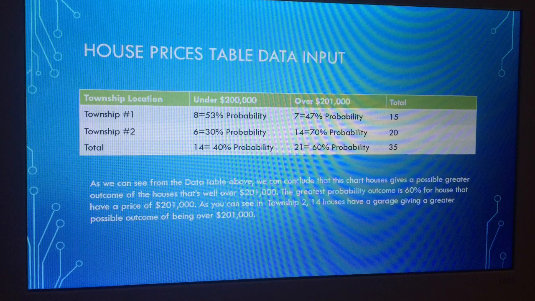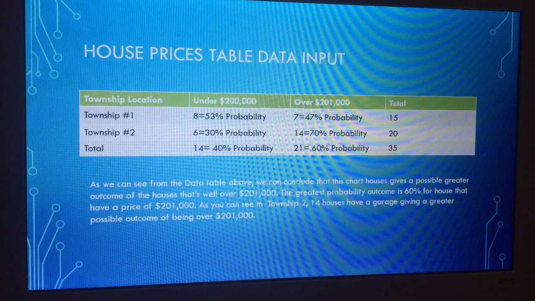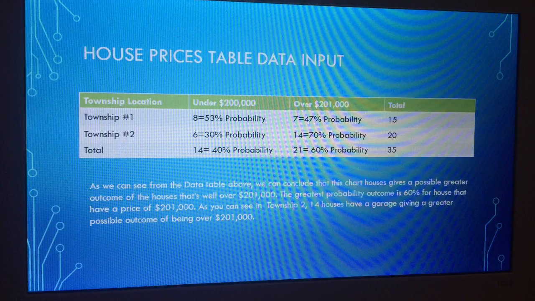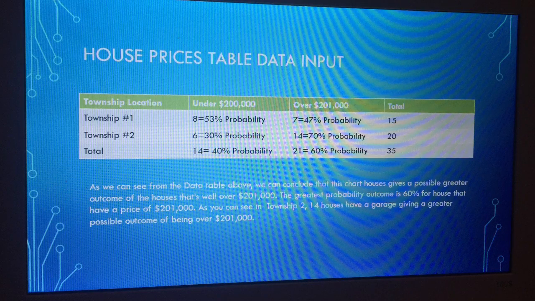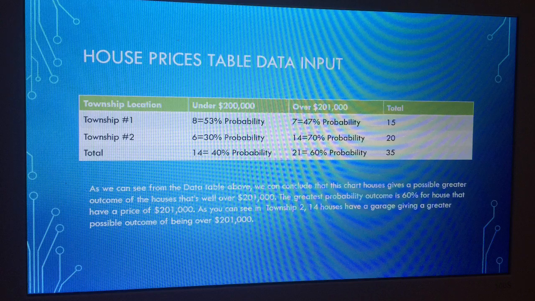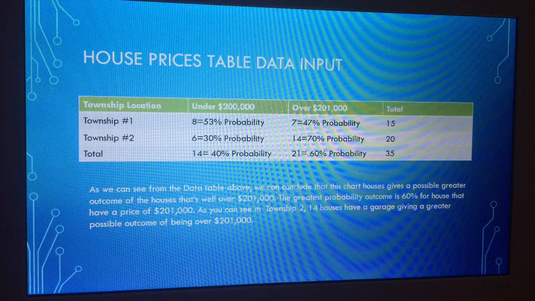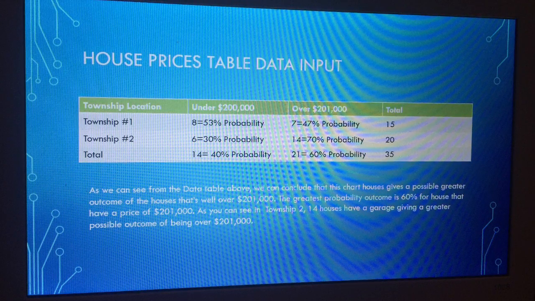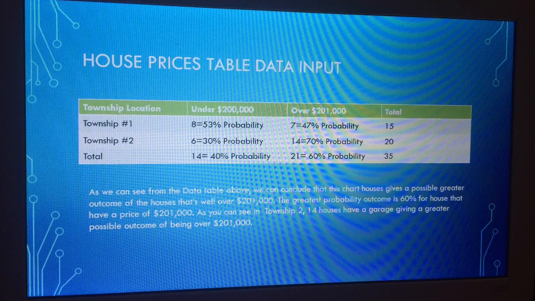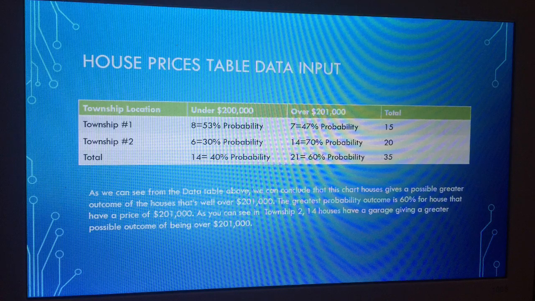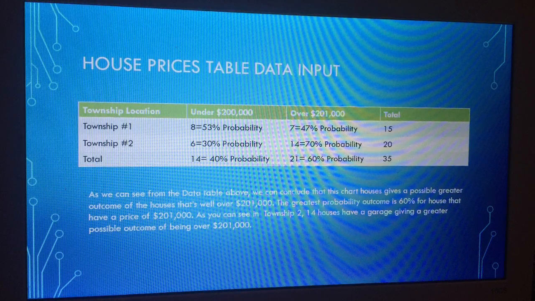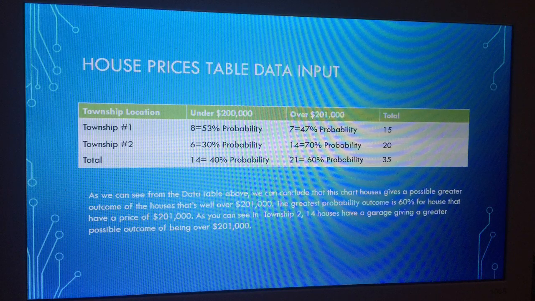As you can see, 53% of the houses in township 1, roughly 53% of the data, have a price under $200,000. So this is the discrete probability outcome for all the house prices for the data inputted in the data chart.